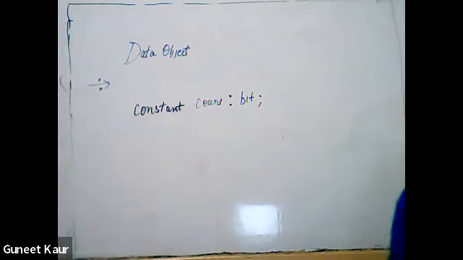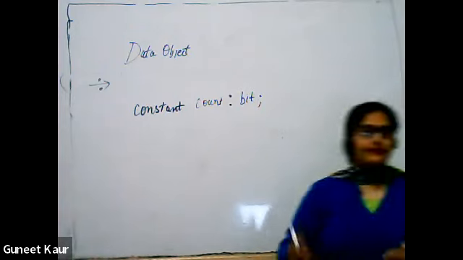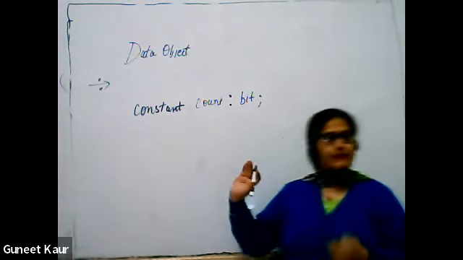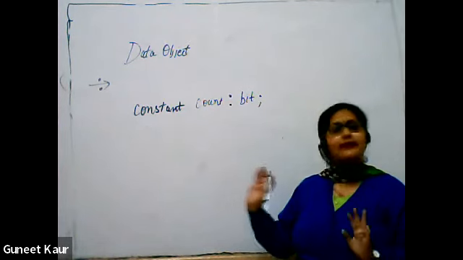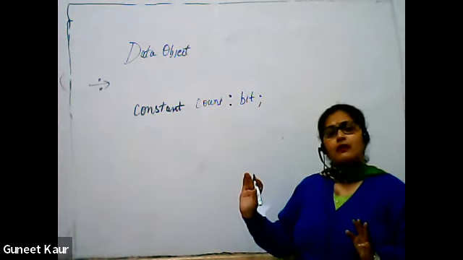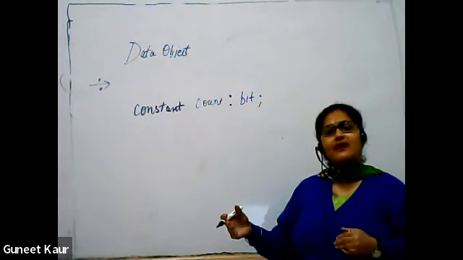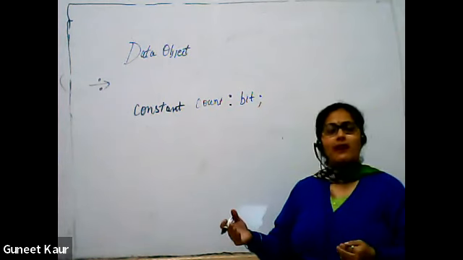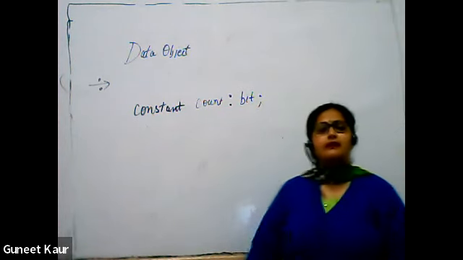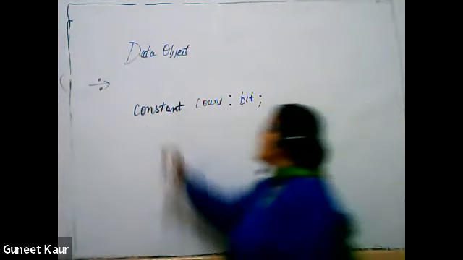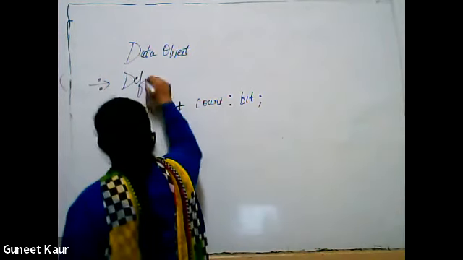That's why this is a deferred constant, as its value is not specified at the time of declaration. I am declaring this, but its value is not mentioned in the declaration part. Its value will be given in the package body part. That's why that type of constant is known as a deferred constant.